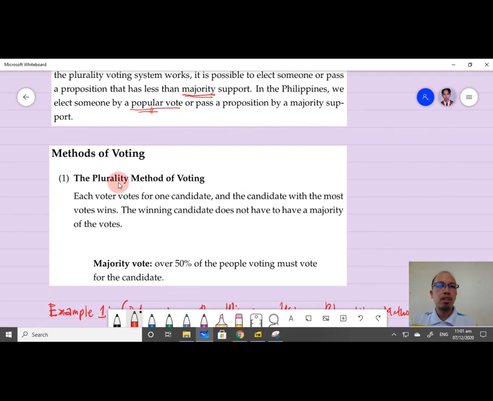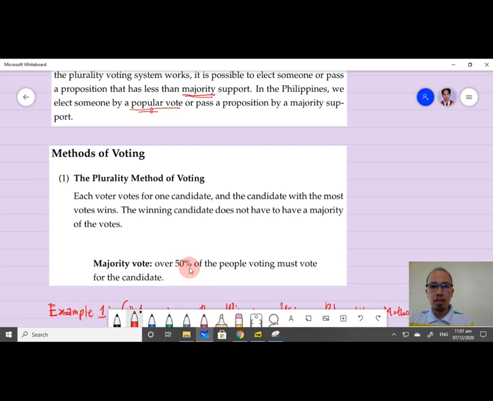So the first method that we're going to discuss is the plurality method of voting. This is different from a majority vote or a popular vote. For a majority vote, what you need is over 50% of the people voting must vote for the candidate. Meaning to say, if there are 100 people who want to pass a proposition or want that person to be elected, and you are going to use the majority vote, then it must be that 50 plus 1, or 51 people, vote for that proposition.